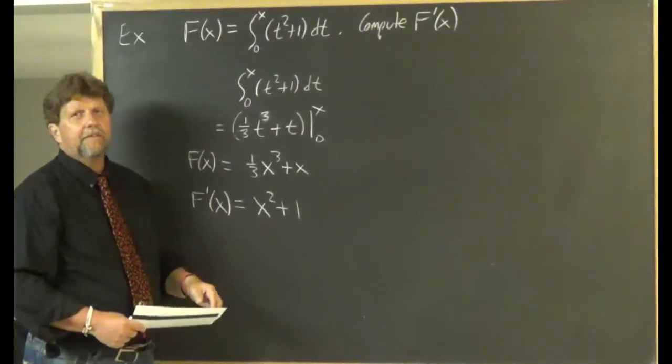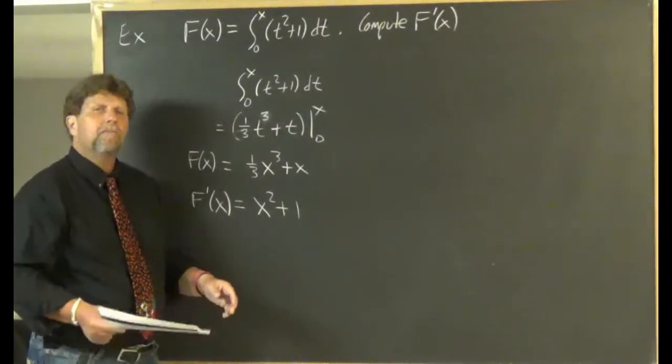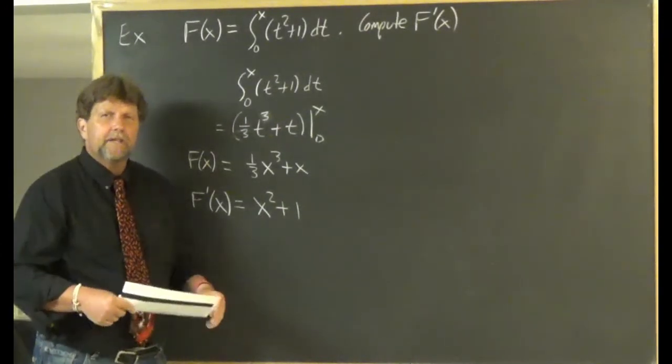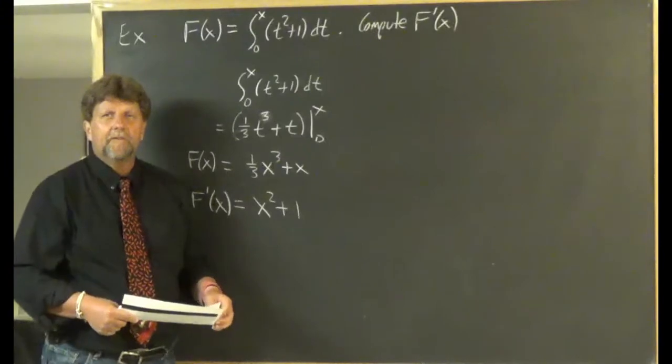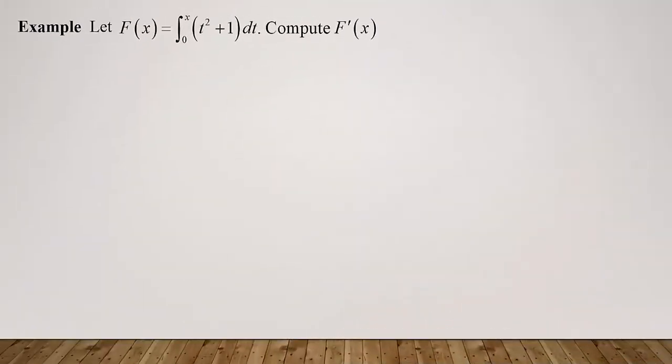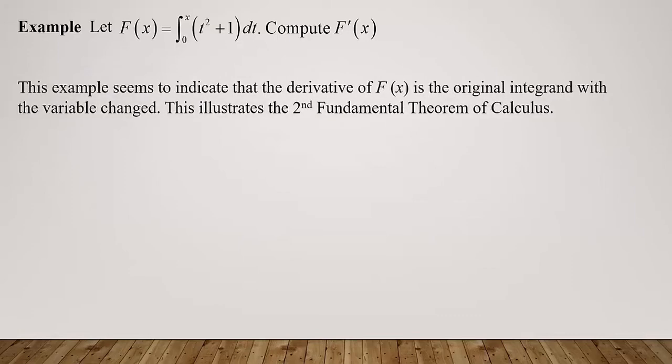That's kind of what the second fundamental theorem of calculus says. So let's head back to the slides and look at this second fundamental theorem of calculus. All right, hey folks, our work at the board in doing this example, it seemed to indicate that the derivative of f of x was nothing more than the original integrand, t squared plus 1, with the variable change to x.